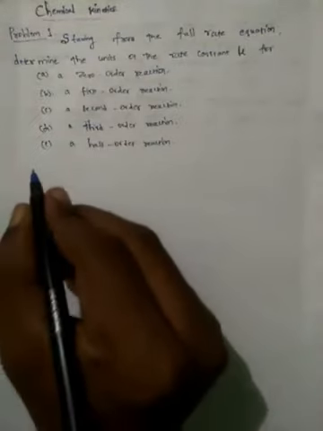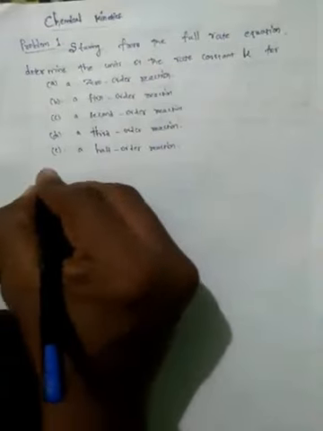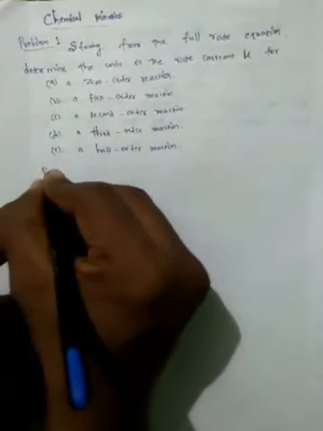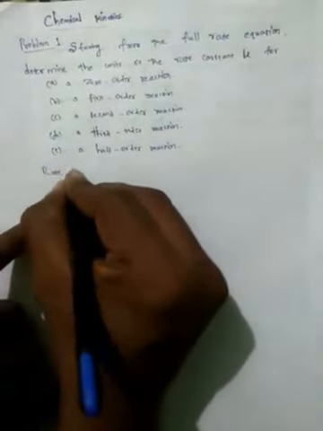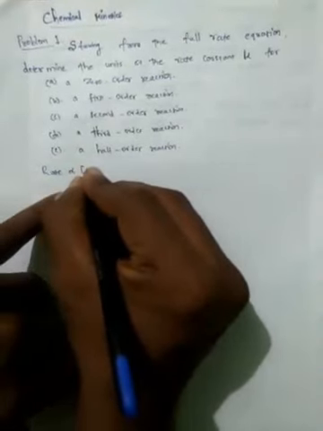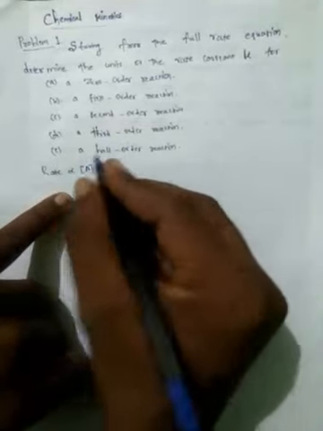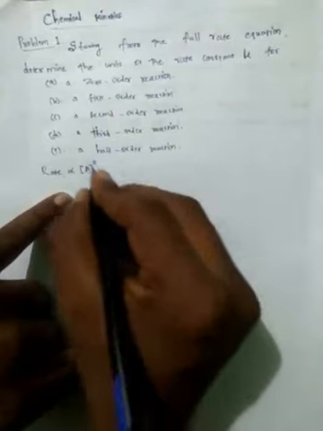Let me first derive the unit for the zero order reaction. So we learned that for a zero order reaction, rate is directly proportional to concentration power zero.